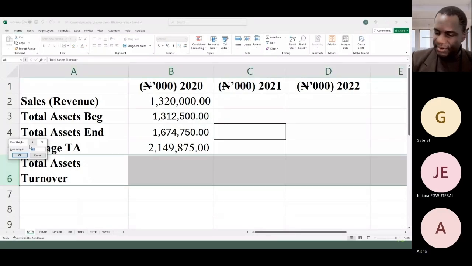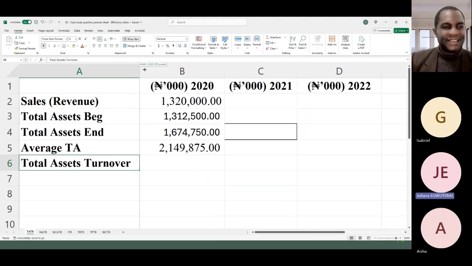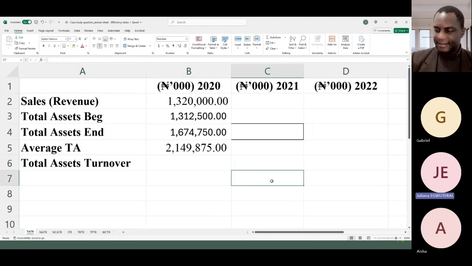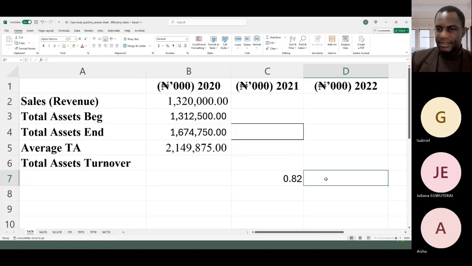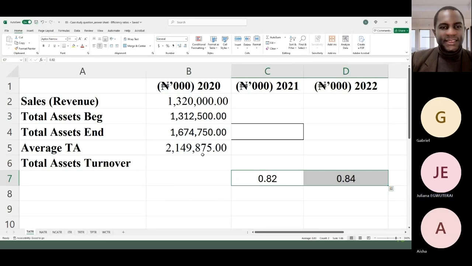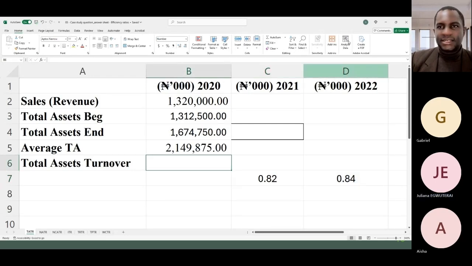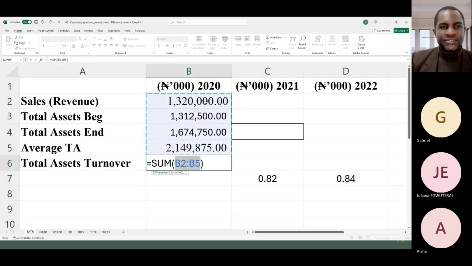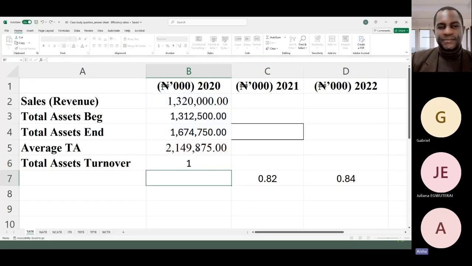Okay, for which year are you computing? 2021 is 0.82, 2022 is 0.84. Okay, so let me see to that. Now I have total assets. I'm now saying my formula is sales revenue divided by total asset turnover.